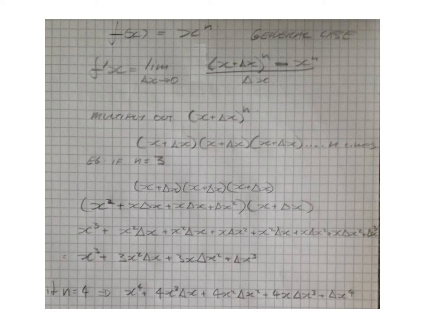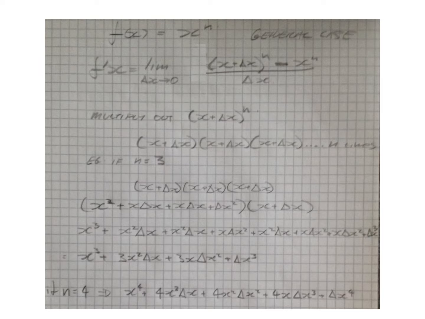So this is also now equal to the limit as delta x goes to 0. But we're just going to deal with the top half first, and with this bit here, where we've got x plus delta x raised to the power of n. That's just the same as saying this bracket times itself a number of times.